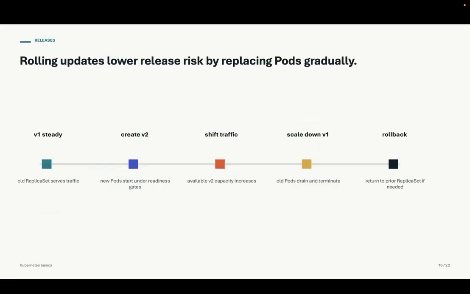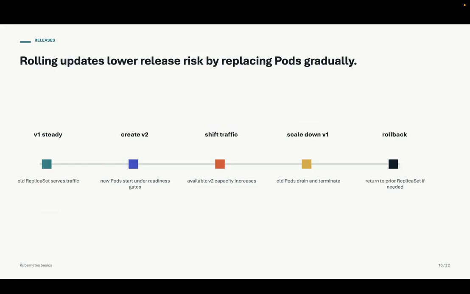Releases. So Kubernetes supports rolling updates, which are crucial for maintaining high availability. This means that there is a gradual release of your version, so that you do not have any interruption in your service.